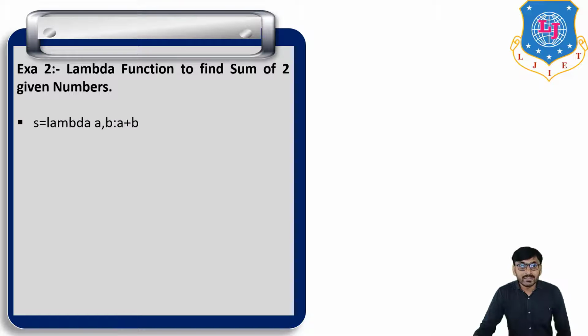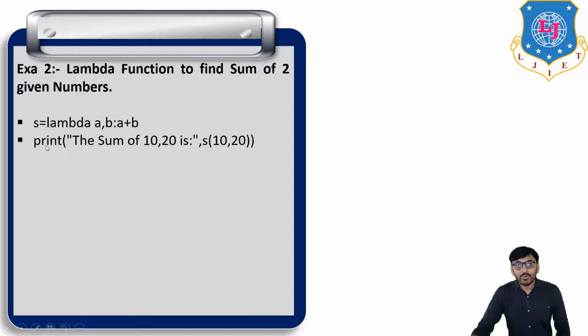So the lambda function is written as s is equal to lambda a, b: a plus b. Instead of x and y, there is a and b. So a, b are two arguments and the expression is a plus b.